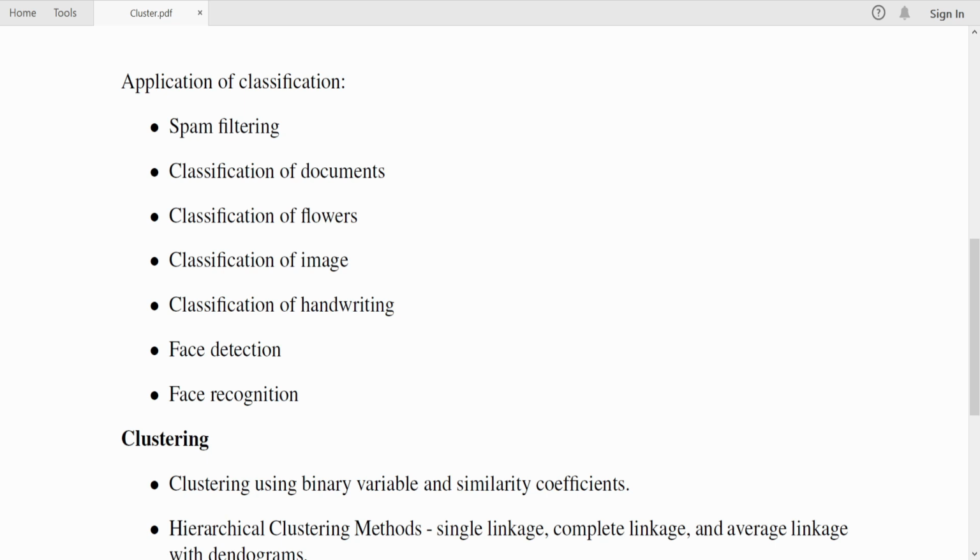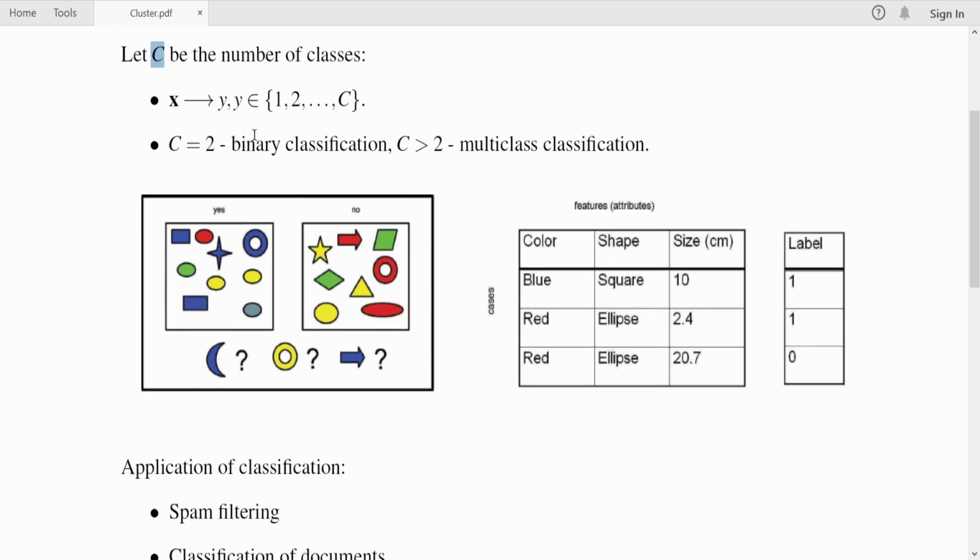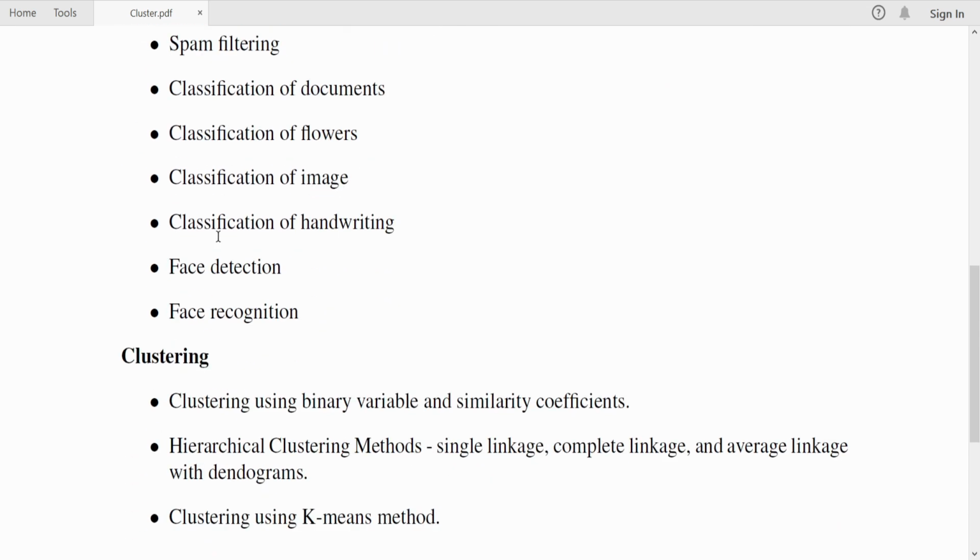Okay, so far in classification we had some predefined number of groups or classes, so C. However, in clustering we do not have predetermined classes. So there is no such assumption of how many groups we have.